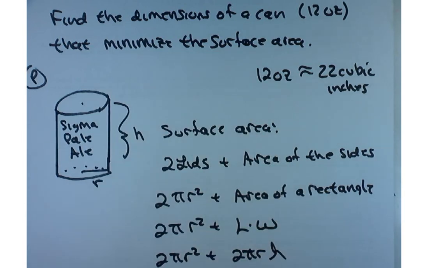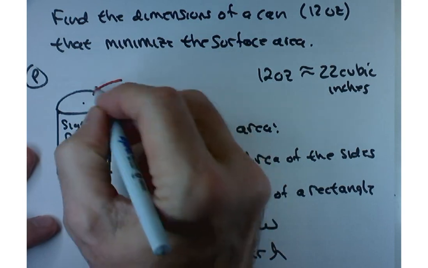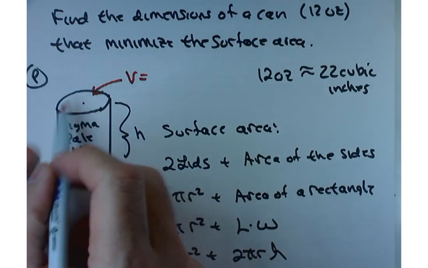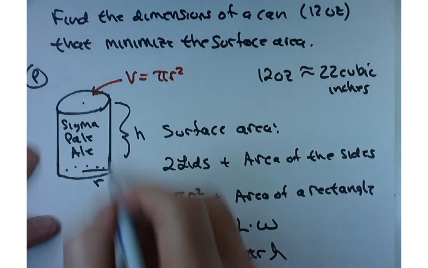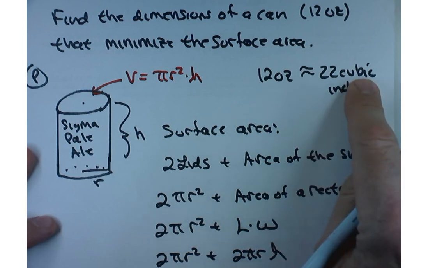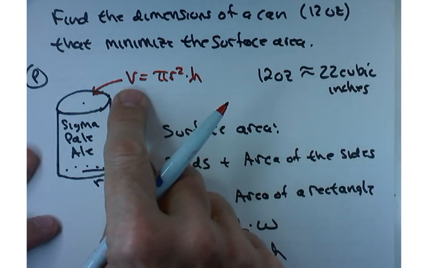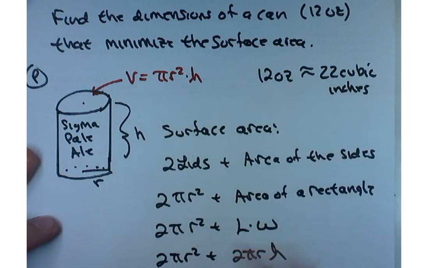Well, the fancy word for this is a right circular cylinder, but the volume is going to be the area of the bottom, which is pi r squared, times the height. And the cool thing is that I know that that volume is 22 cubic inches.